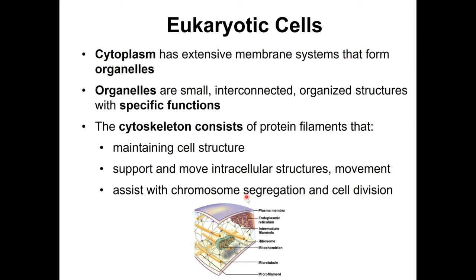Together with giving strength to the cell, it also allows the cell to change shape. Imagine an amoeba, for example, moving around. It moves around because the cytoskeleton allows it to change the shape of the cell. Also, it's used to support organelles, which are not present in prokaryotes, and when we talk about cell division, it will help with the separation of the chromosomes during mitosis and meiosis as well.